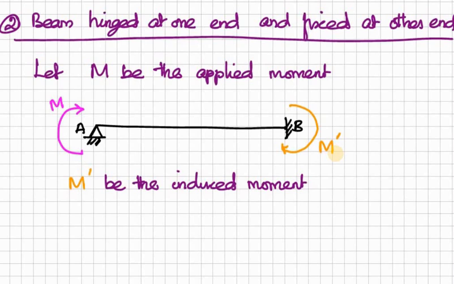That is MFAB is equal to 0, MFBA is equal to 0. Also, we will have some rotation at A because the support is hinged, but support B is fixed, therefore there is no rotation at B. That means we will have theta A, but theta B is equal to 0.